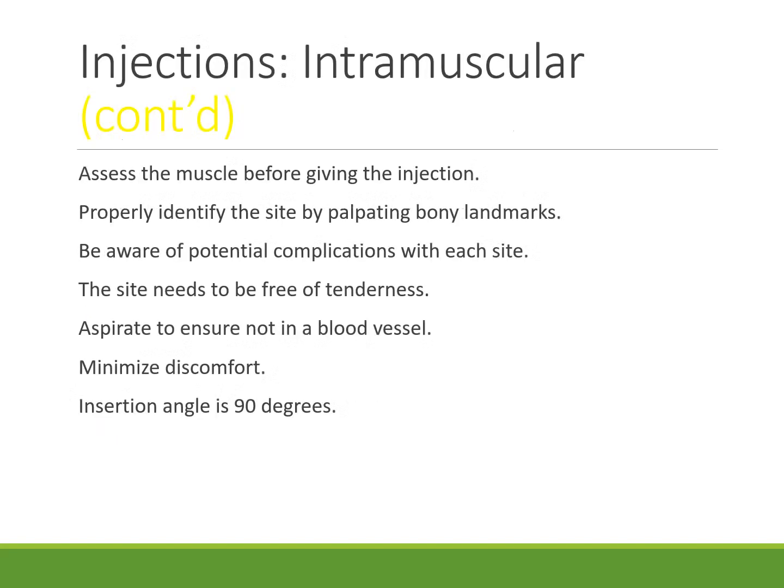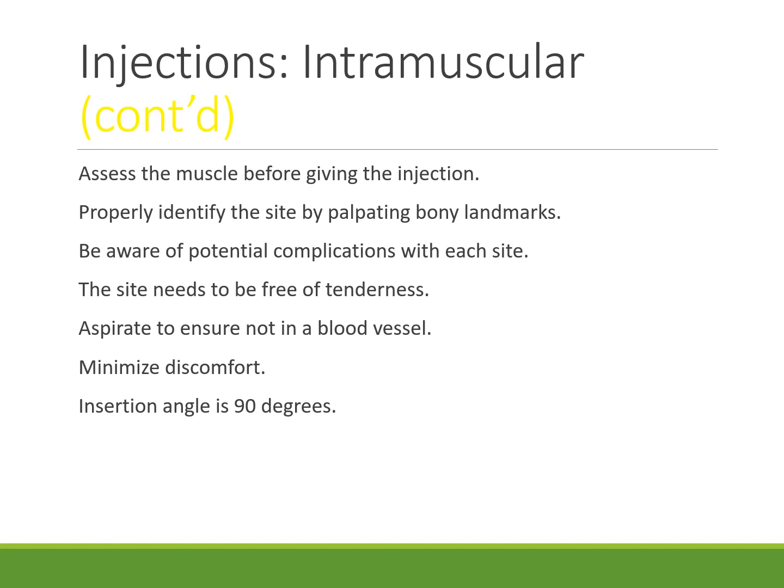Still on intramuscular injection, before giving the injection, you have to properly assess what muscle you are going to use in administering the drug. Also, identify properly the landmarks. You have to locate that properly in the patient's body.